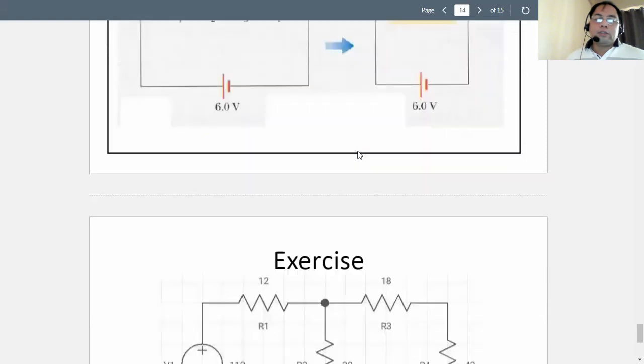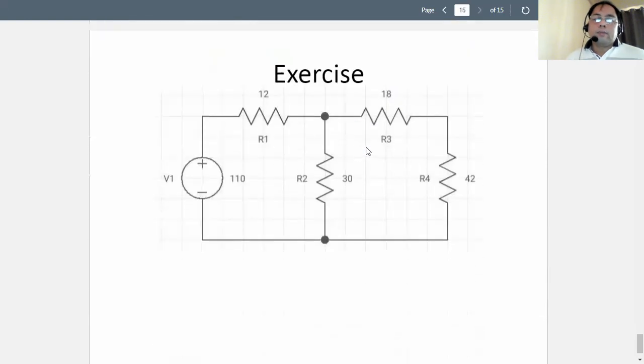Now, for your additional activity, you can consider this one. If you try to analyze this, you could not directly say that they are in series or in parallel. So you will think of these values that are outside.